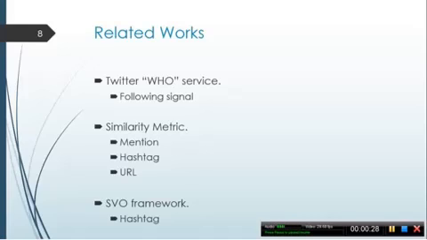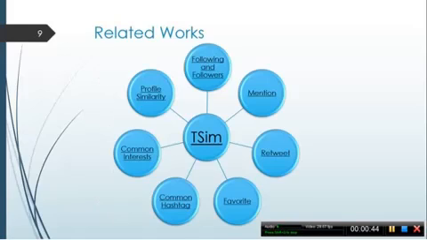However, it has been proved that URL is a weak signal. Moreover, they are only concerned with detecting existing edges between users and neglect their contents. As to the SVO framework, it relies on a sole signal, which is the hashtag signal.